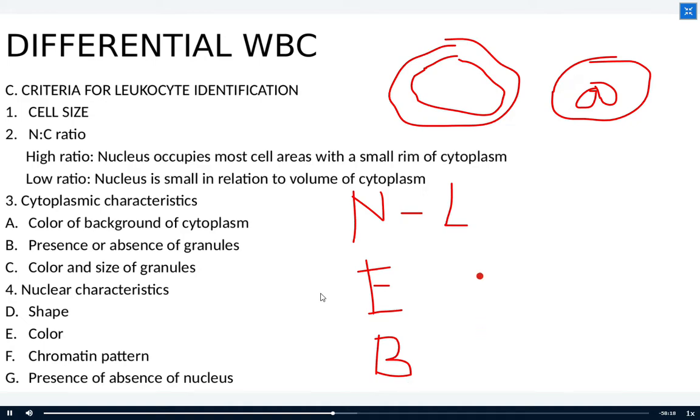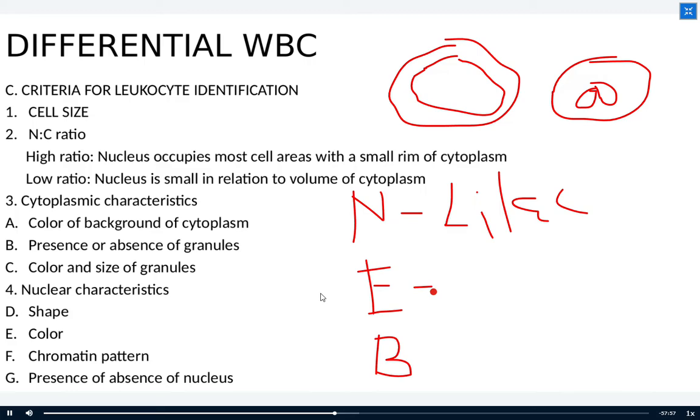Starts with the letter L. Lilac. Okay, so it's lilac. Lavender, that's also correct because it is purple. But whenever you encounter a neutrophil, you proceed with lilac as the color.